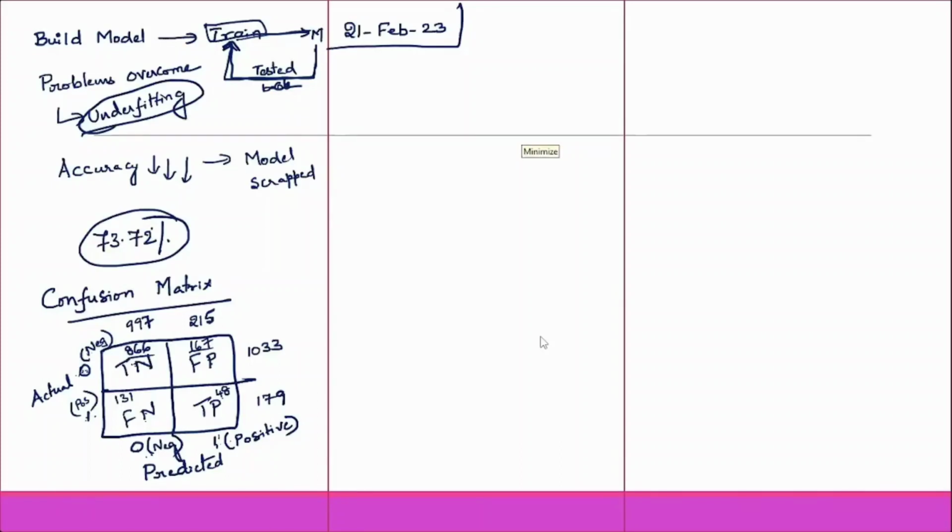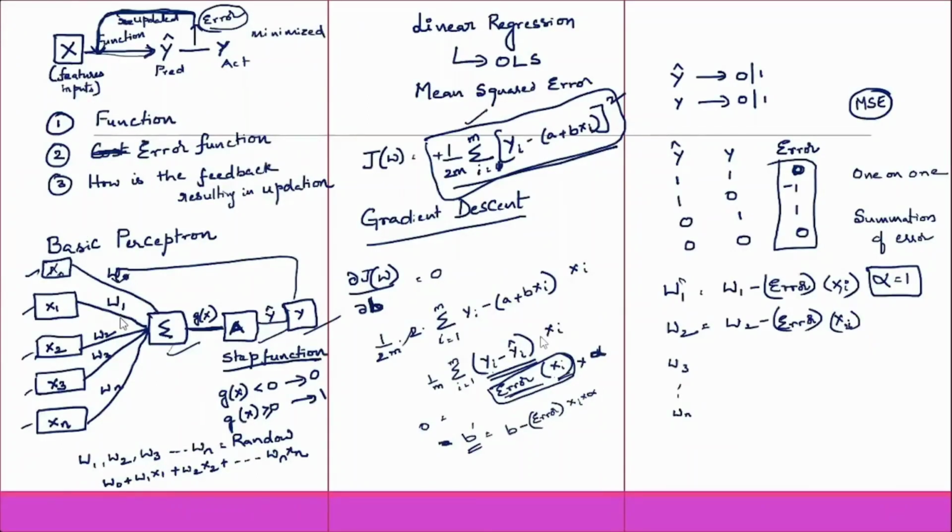So what we started off in the last class is the model building aspect, right? We said we will start off with the basic perceptron model. This is how we have visualized the basic perceptron model. And as we have discussed, for each of the models, some of the steps are very much common. We need a function that links the x values to the y value.